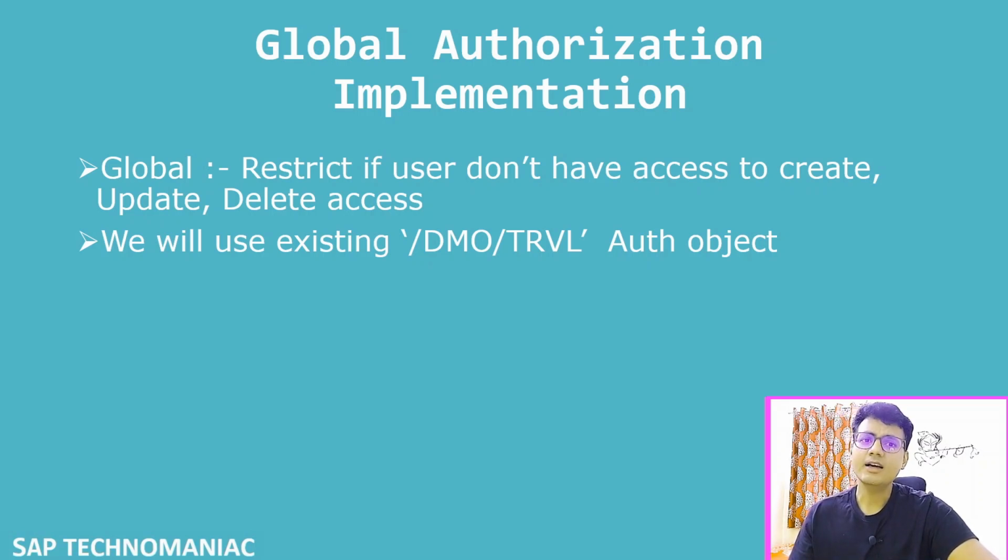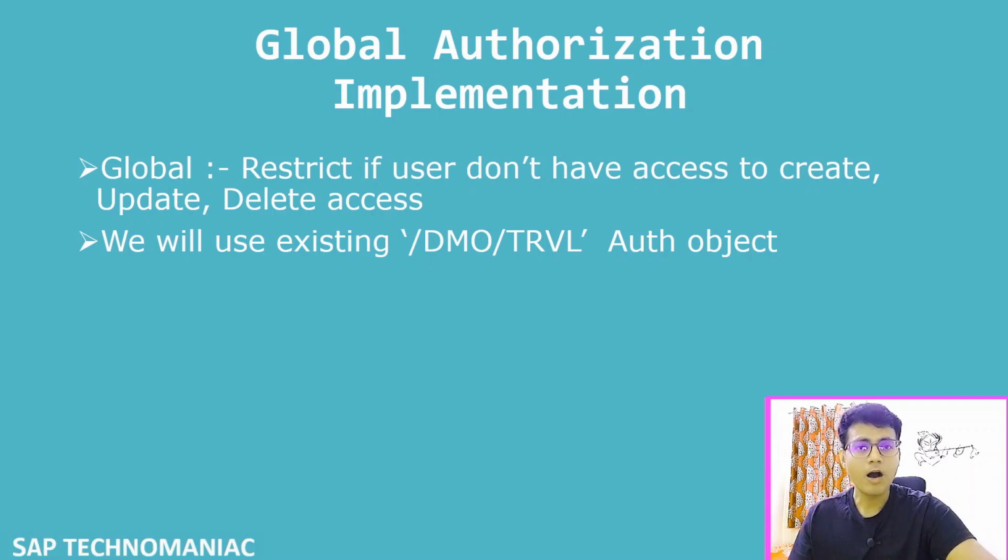We can create our own authorization object also, and for that authorization object we can configure the role assignment and give access to a particular user as well, but that kind of privilege we don't have in the demo environment. That is the reason we are using the existing authorization object.